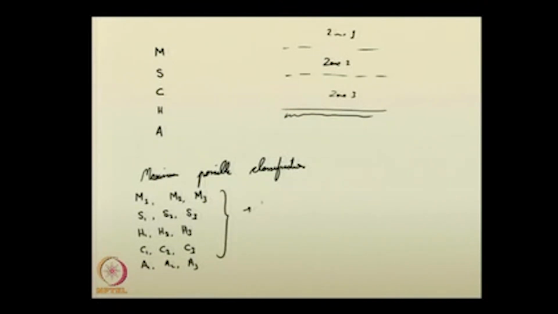Like that, based on the combinations, one can infer 15 possible classifications for the gradually varied flow.